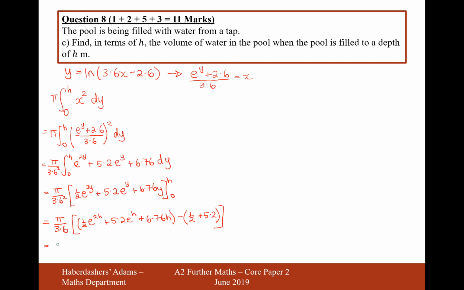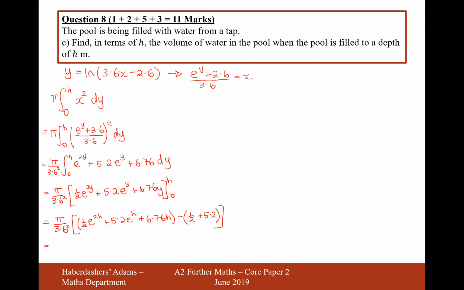So therefore, let's simplify all of this. In fact, let's rewrite this all in terms of fractions now. So if we expand the first bit, it's going to be pi divided by 3.6 squared times a half. So let's write that out then: 3.6 squared times 2.